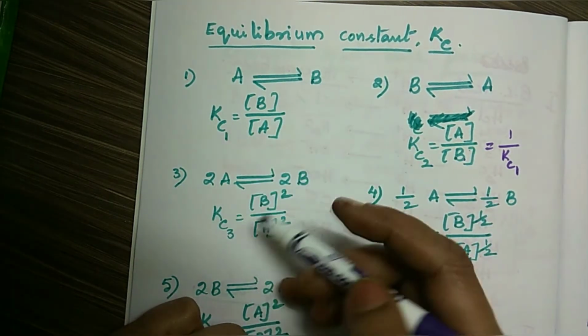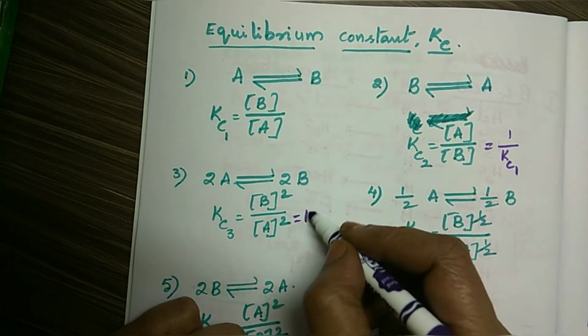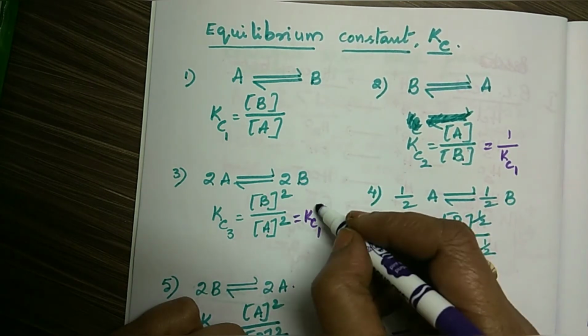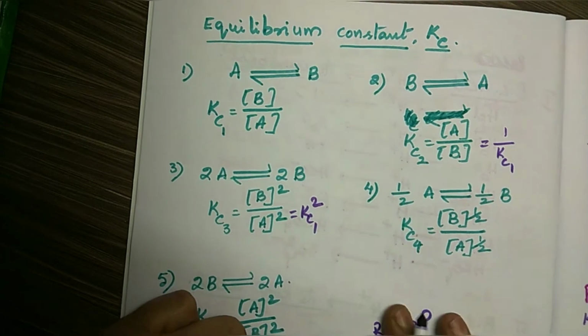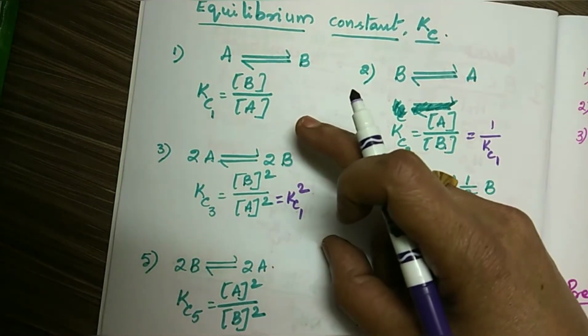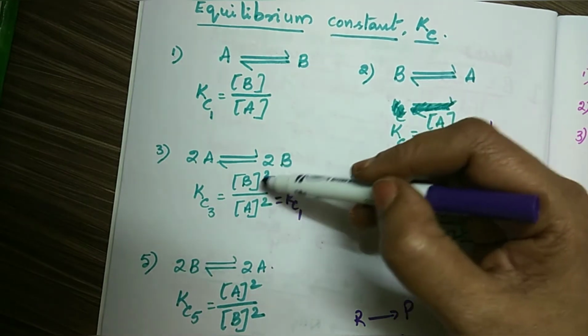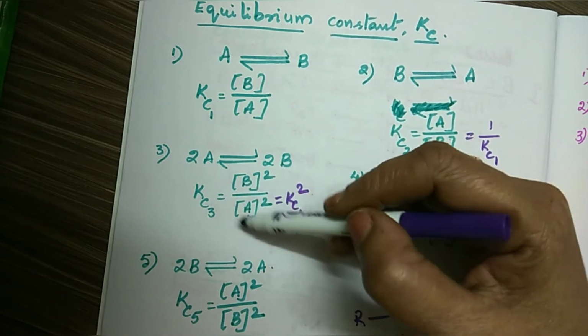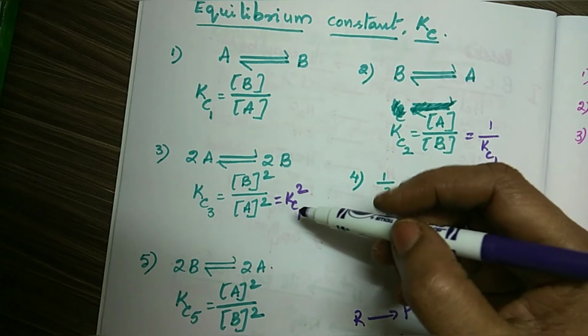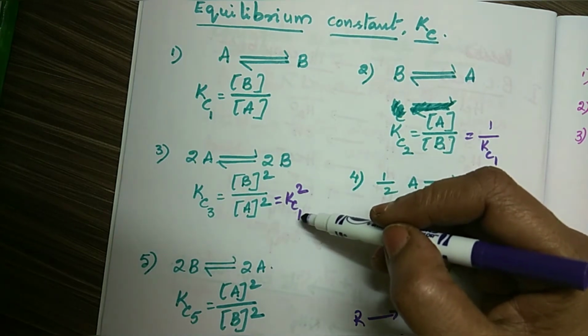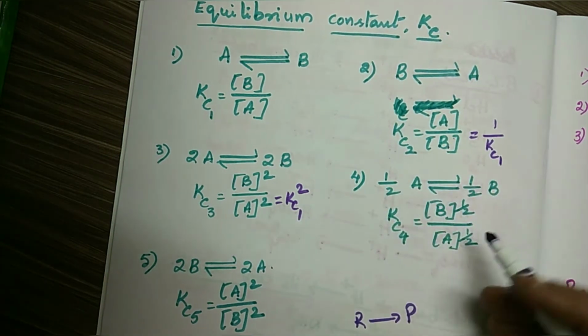So Kc3 is equal to Kc1 square. So here, if concentrations are doubled, the equilibrium constant can be calculated by taking the square of it, right?